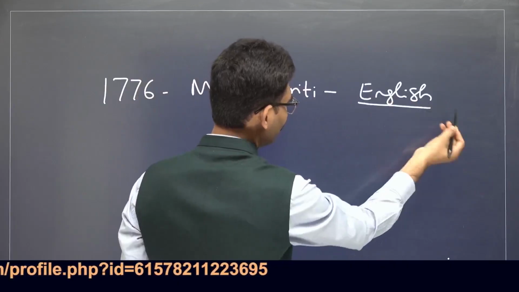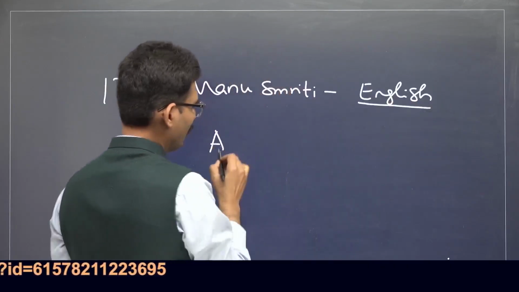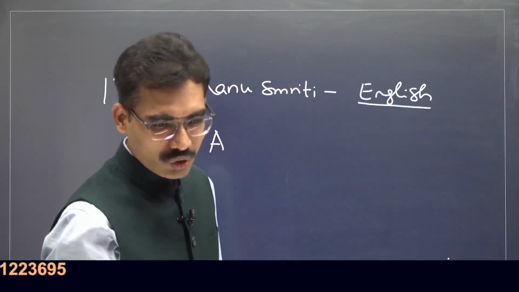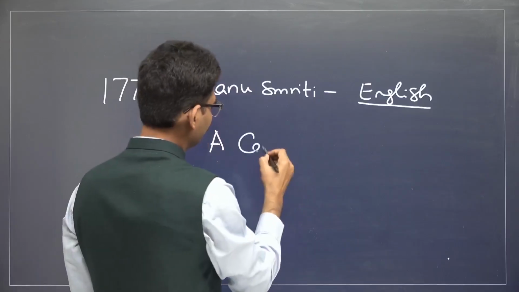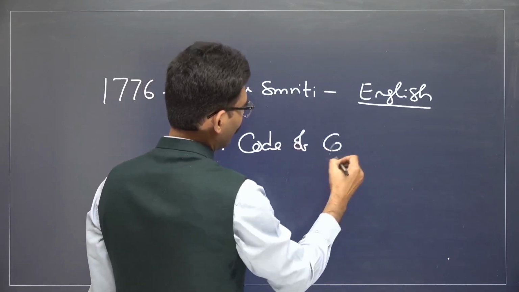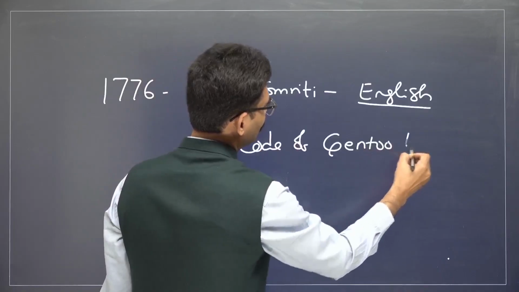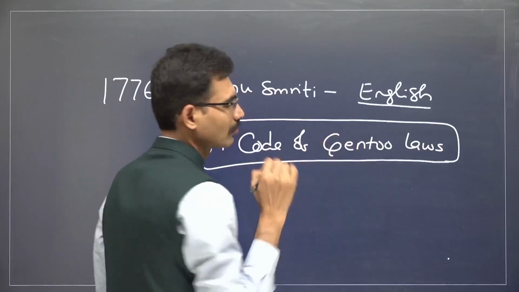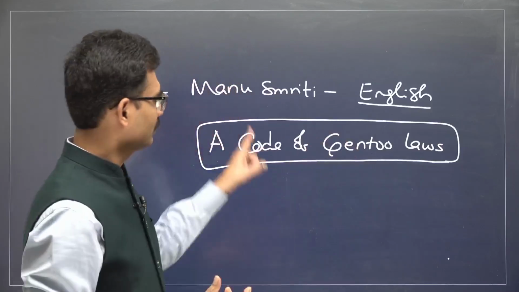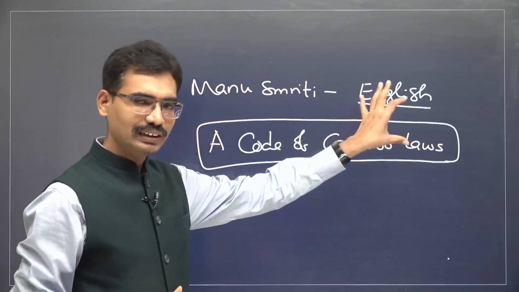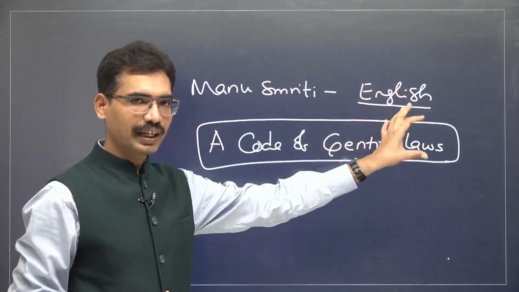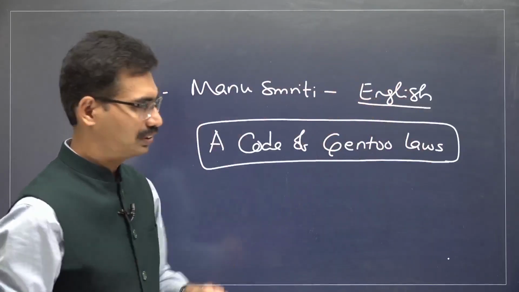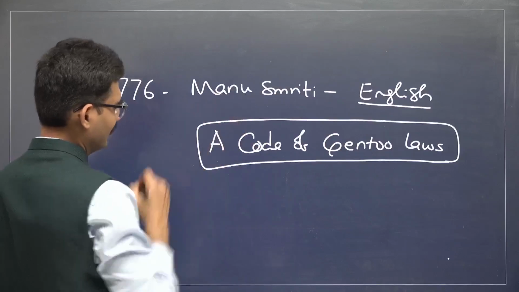The book name is A Code of Gentoo Laws. This is the Sanskrit code for administering Hindus with respect to civil administration, in 1776.